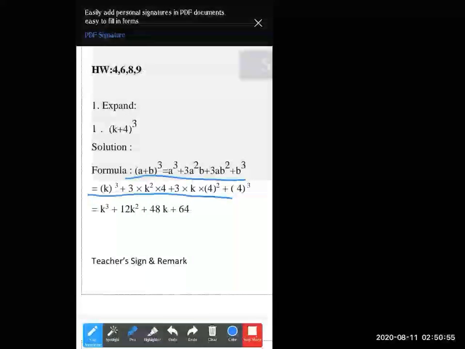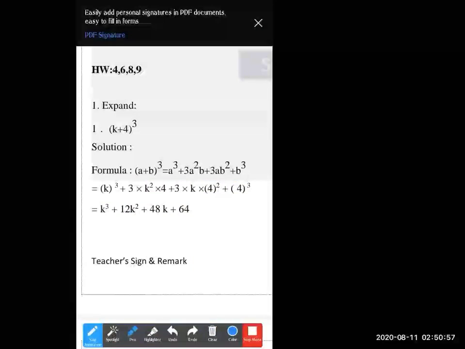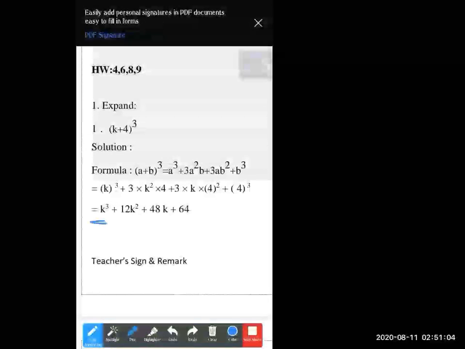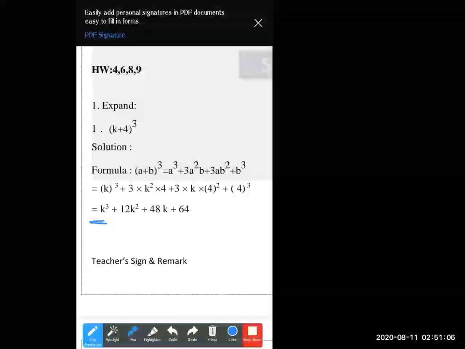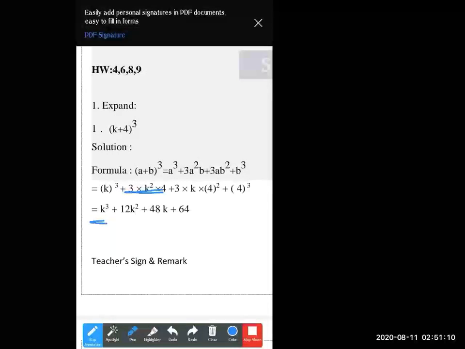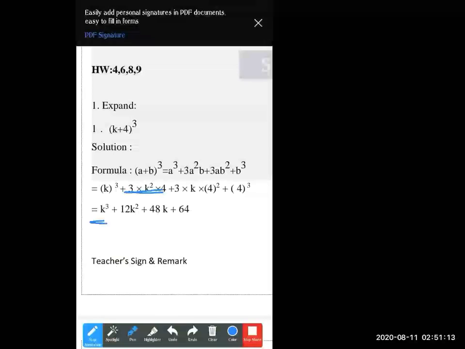So here, when we solve this middle first step, we are getting k cube means k cube only. Then we will solve this thing. This is 3 into k square into 4. That means 4 3s are. 4 3s are कितना होता है? 4 3s are 12.